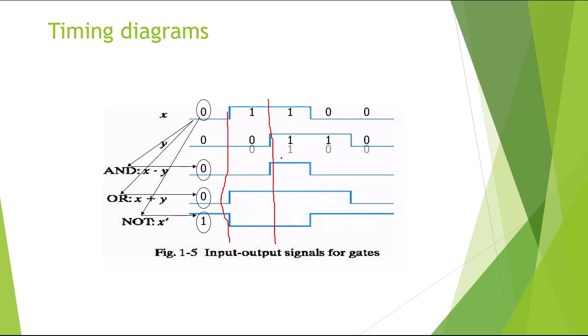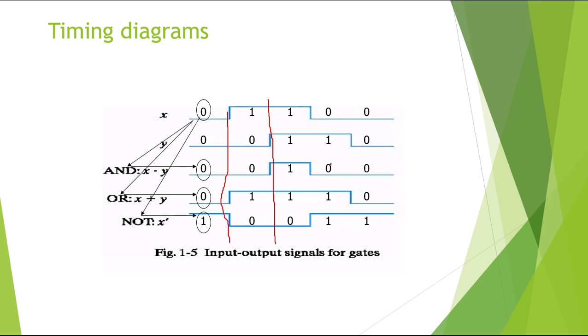Again, here X is 1 and Y is also at a higher level, meaning both of them are 1. So AND will be 1, OR will also be 1, and NOT will be 0. Then we have X as 0 and Y as 1.